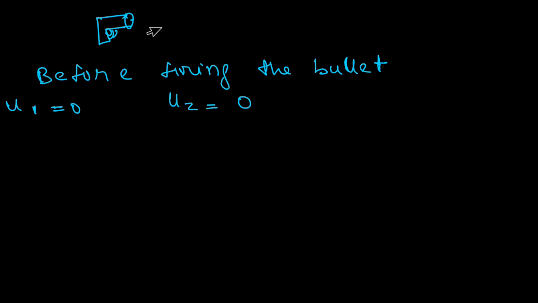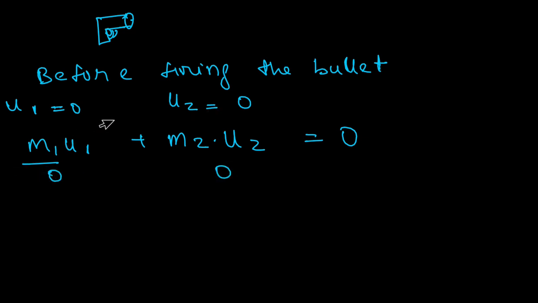So both are at rest, so both are 0. So linear momentum before firing the bullet is m1 u1 plus m2 u2, considering m1 to be the mass of gun and m2 to be the mass of bullet. This is initial momentum, that is momentum before firing the bullet, and it would be 0 since u1 and u2 both are 0.